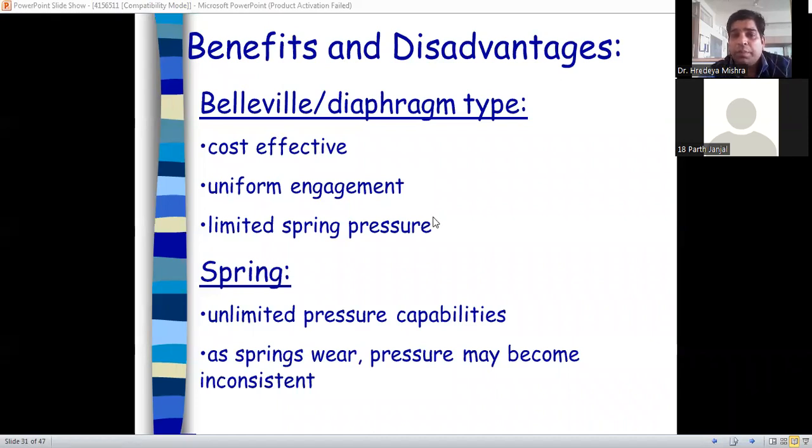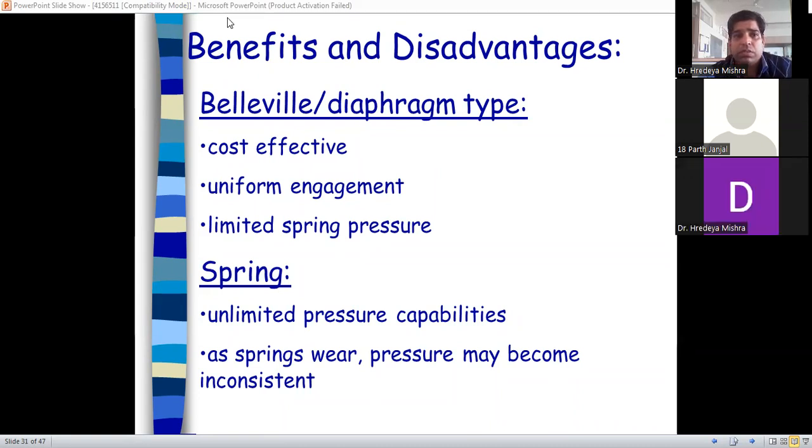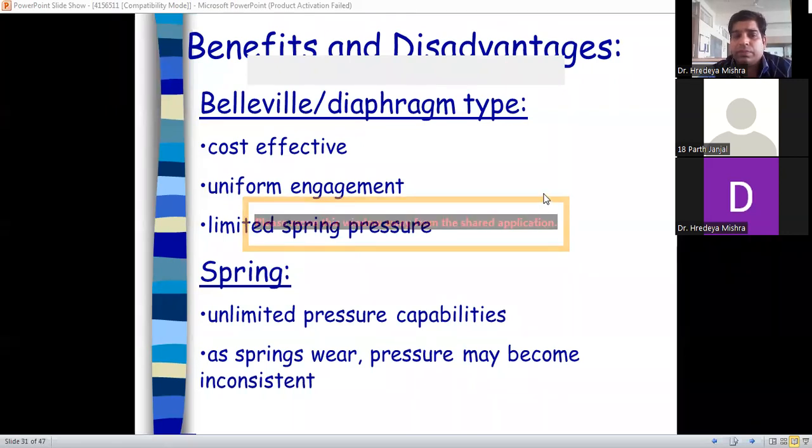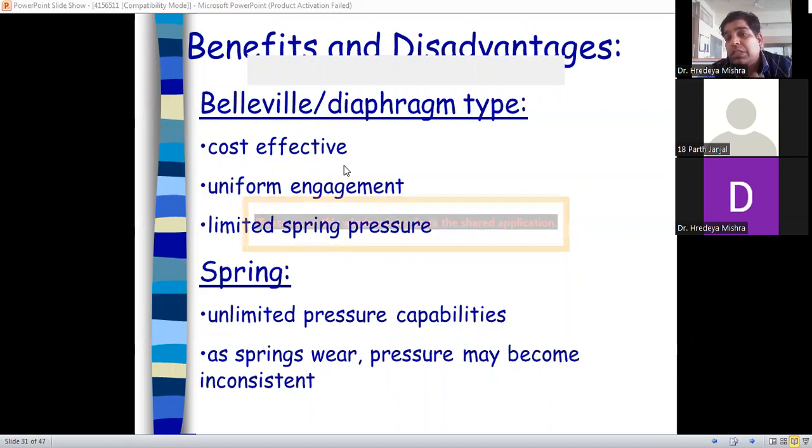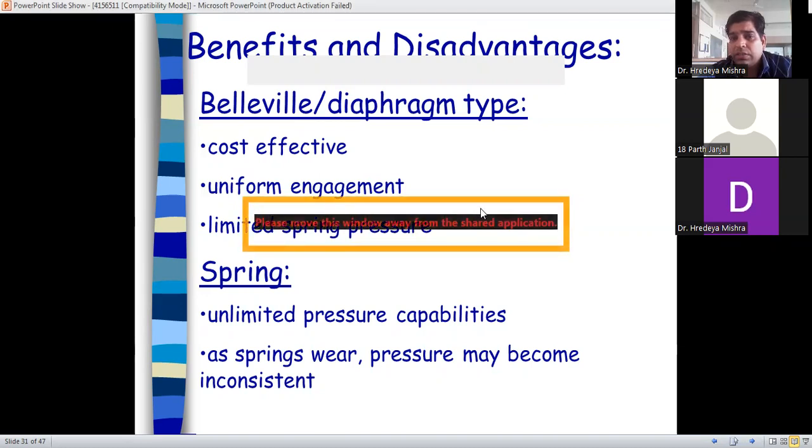Okay, what are the benefit and disadvantage of the diaphragm? What is the advantage and disadvantage of the diaphragm type of clutch? Okay. So it is cost effective, means the manufacturing cost of this type of pressure plate is less.